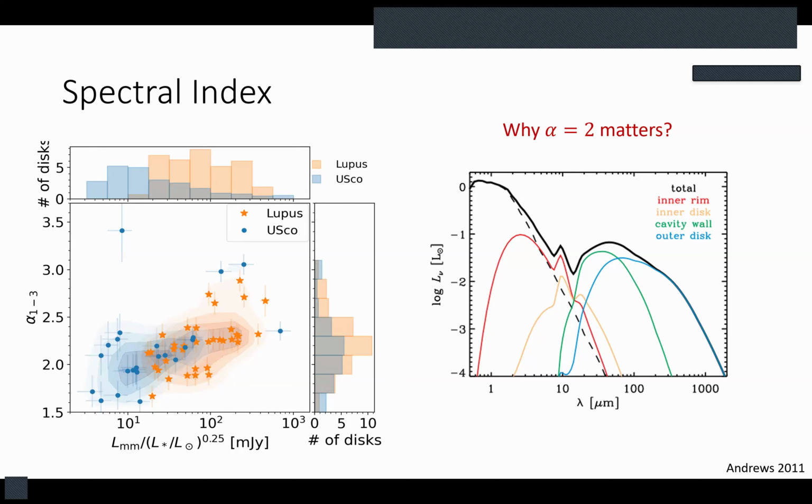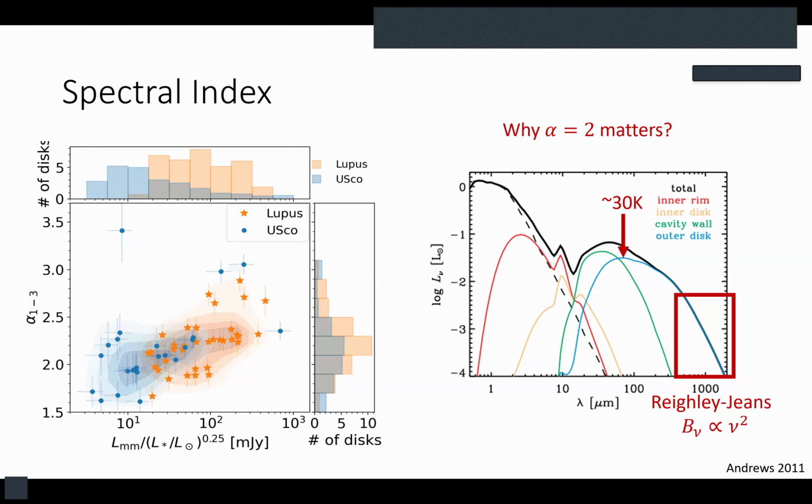Here's a schematic SED of the disk. We get it from the low wavelengths, and at the low wavelengths we have the star emission, and then the emission of the inner disk. Then when we further increase the wavelength, we see the outer disk, and ALMA is observing at one millimeter, so 1,000 microns here.